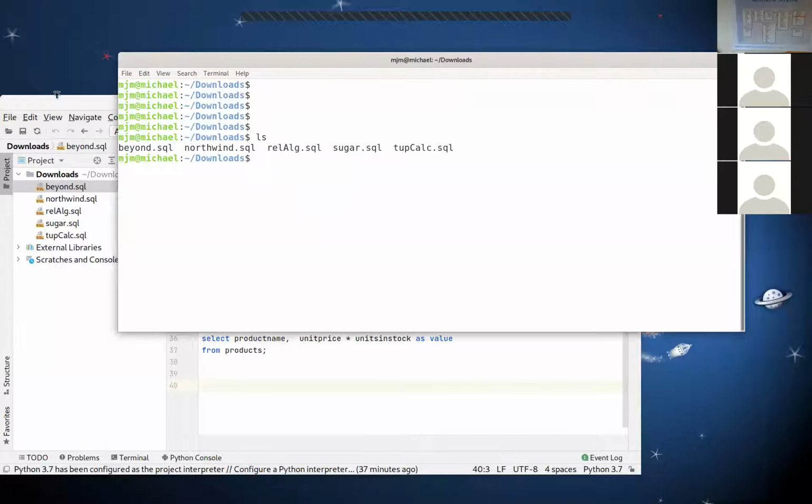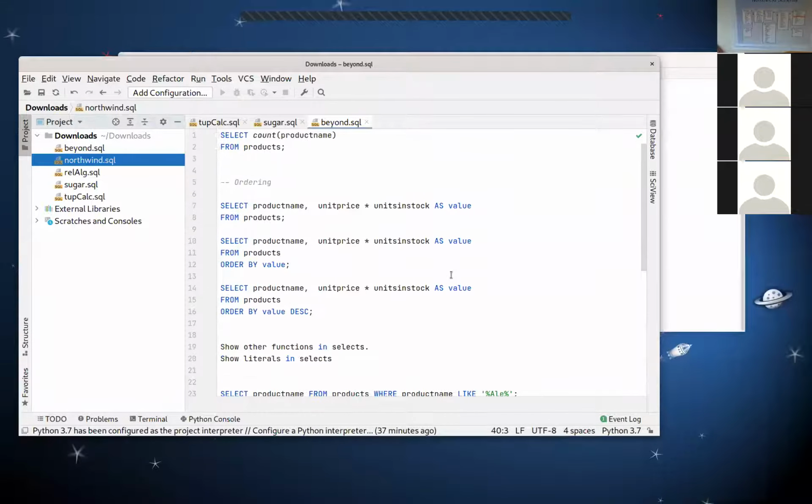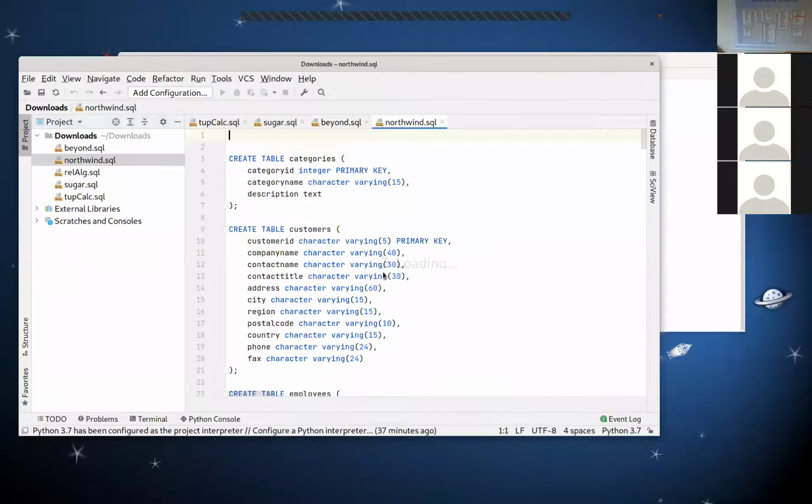Okay, so if I go to this Northwind SQL, there it is. Now how's this? Can people read this? Yep. Can people see this as customers here? All right, good.